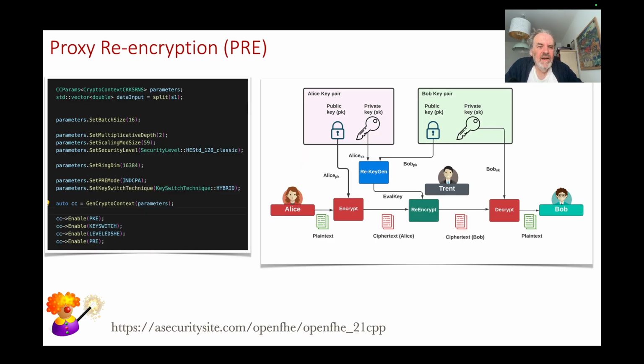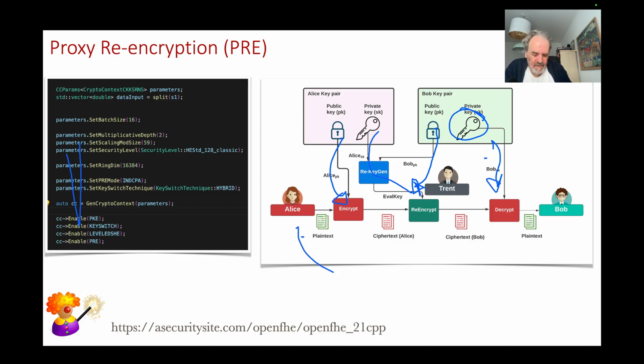Another method that we can have is what's called proxy re-encryption, and this is implemented here. With this, we have something that's been encrypted with Alice's public key, so that would be Alice's private key that would decrypt it. We can then use proxy re-encryption to re-encrypt the encrypted data so that Bob's private key can then decrypt it.